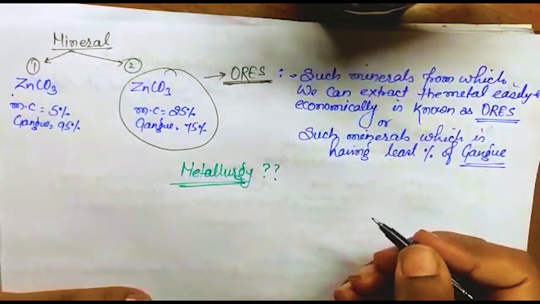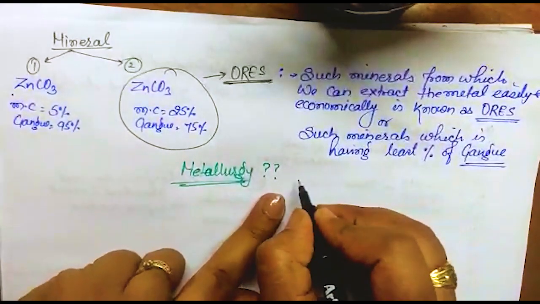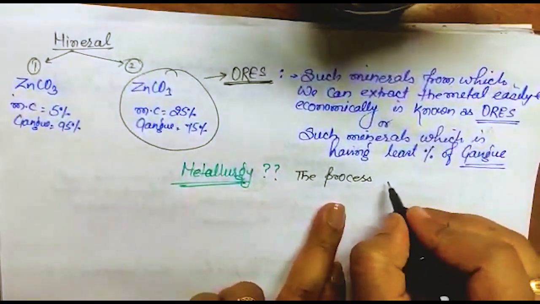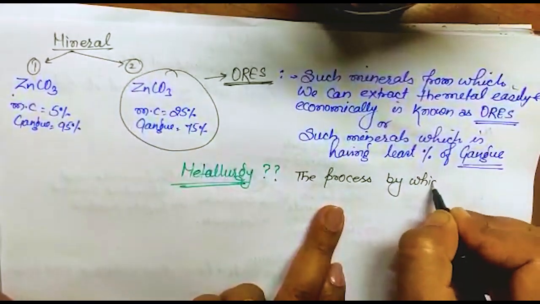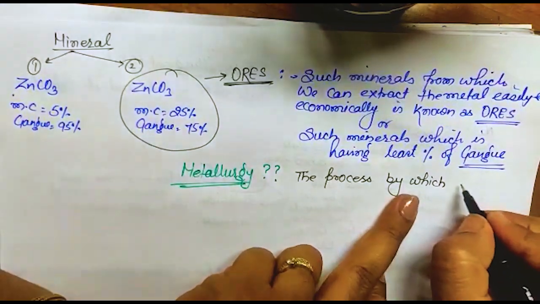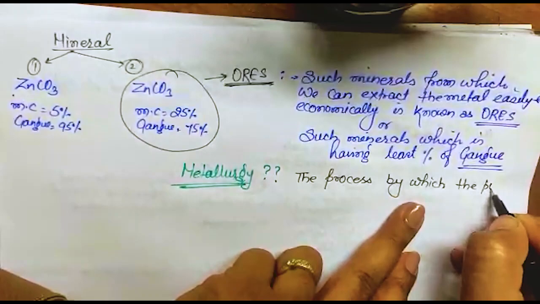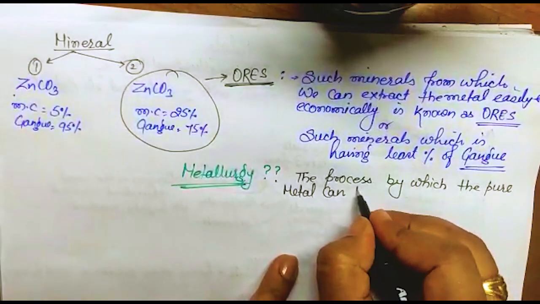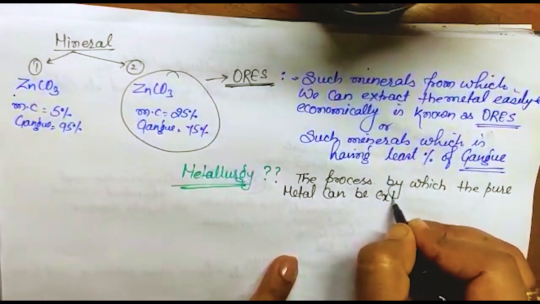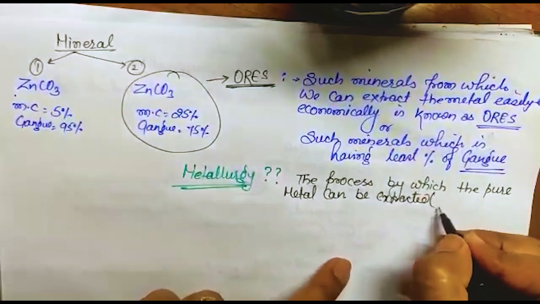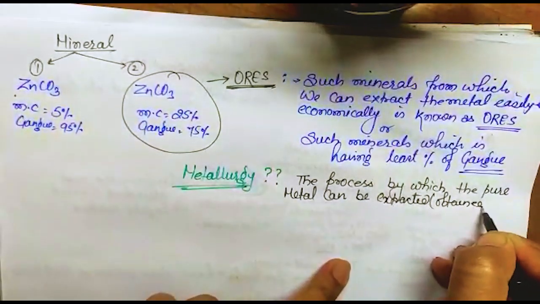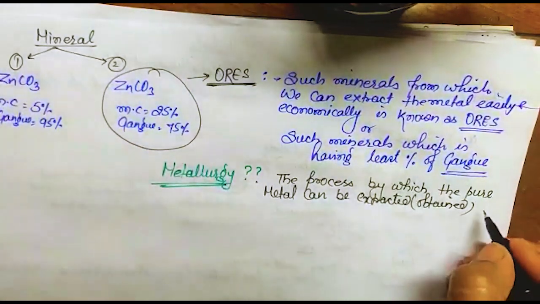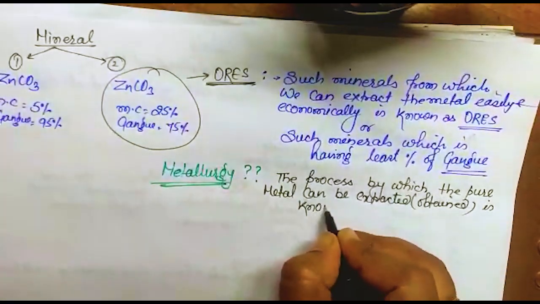We can write the definition: the process by which the pure metal can be extracted or obtained is known as metallurgy.